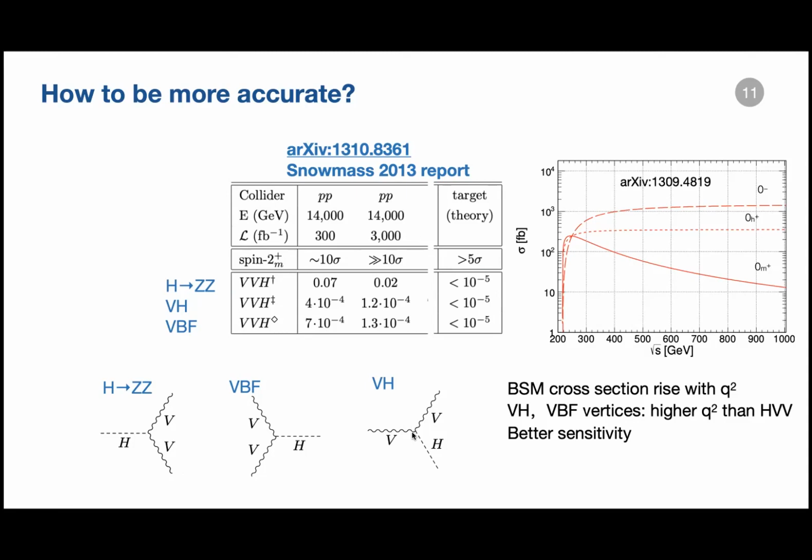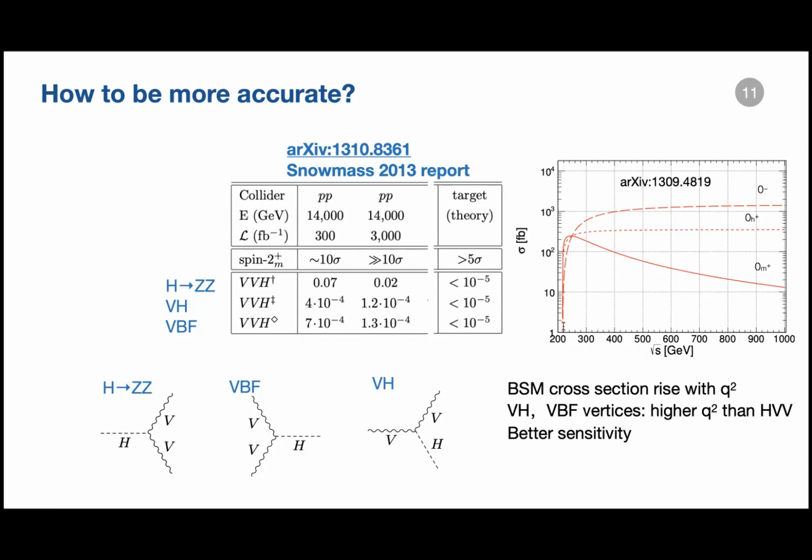If you look at this plot, also coming from the Fino study, as you increase the Q squared of the interaction, the standard model or CP even interaction has a downward cross-section prediction, while the CP odd term has an increasing cross-section. That means at higher Q squared, your cross-section from CP odd over CP even is boosted a lot.